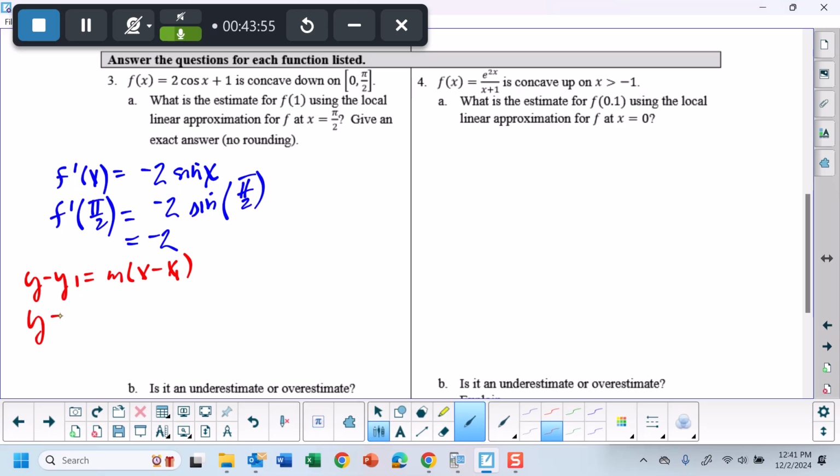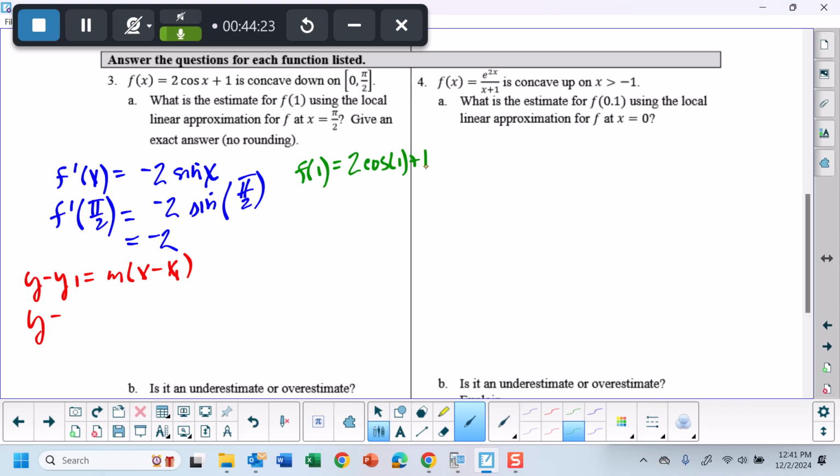No, that's the interval. So when I plug 1 into, I need to know f of 1 is equal to twice the cosine of 1 plus 1. So the cosine of 1 is going to give me 1.